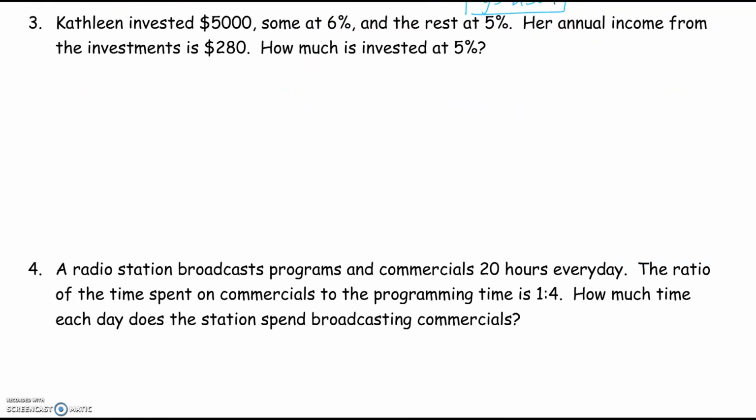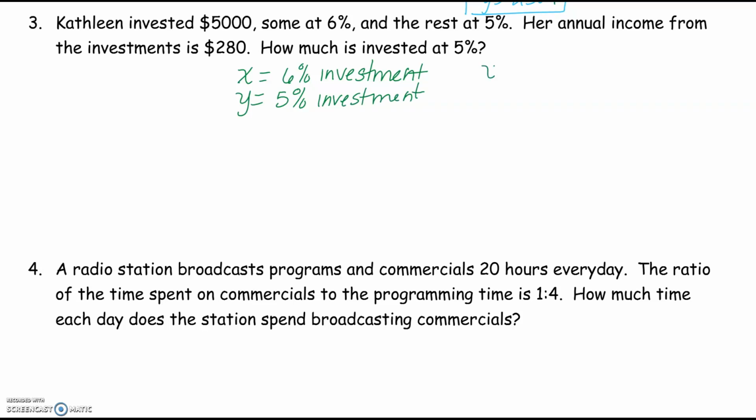Kathleen invested $5,000, some at 6%, the rest at 5%. Her annual income from the investment is $280. How much is invested at 5%? Okay, so we're going to let x equal the 6% investment, and y equal the 5% investment.